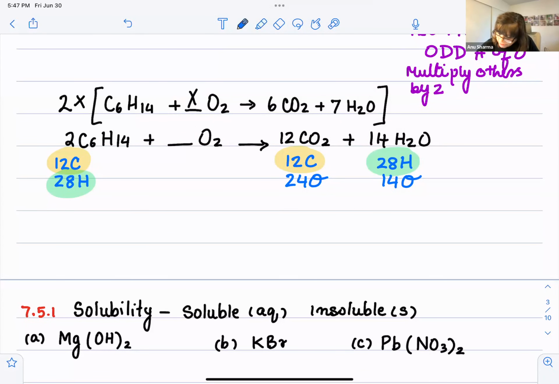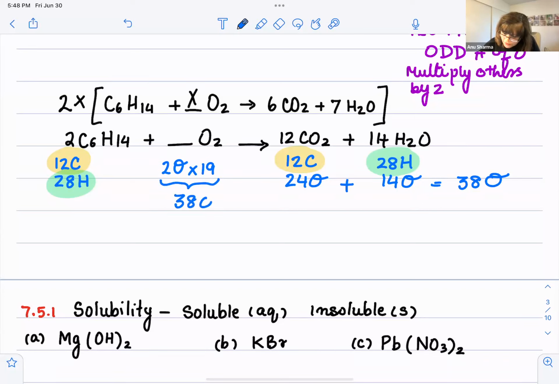Now count 24 plus 14, and that is 38 oxygens. Now 38 divided by 2 is what? 19. So that means that 2 oxygens, when you multiply it by 19, that is going to give you 38 oxygens. Oh, sorry, not 38, 19.